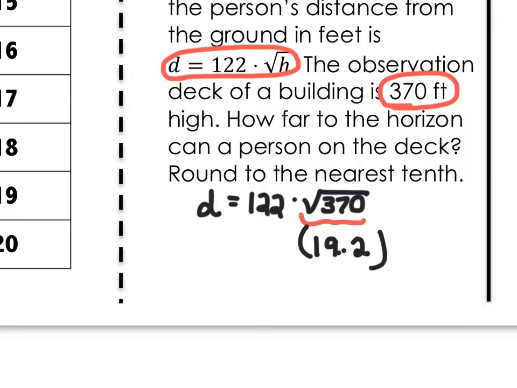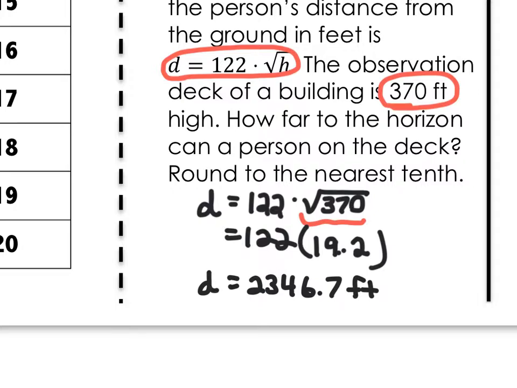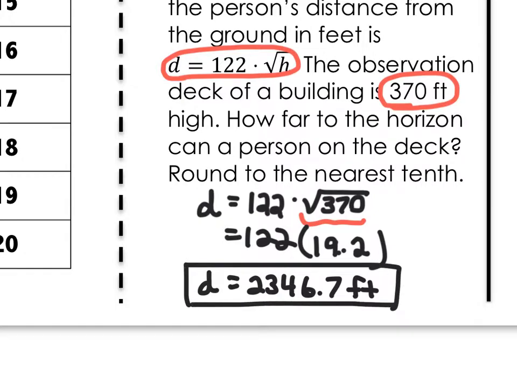And now we multiply it by 122. So then our answer is 2,346.7, and we label it feet. That is how far the person would be able to see to the horizon from that observation deck.